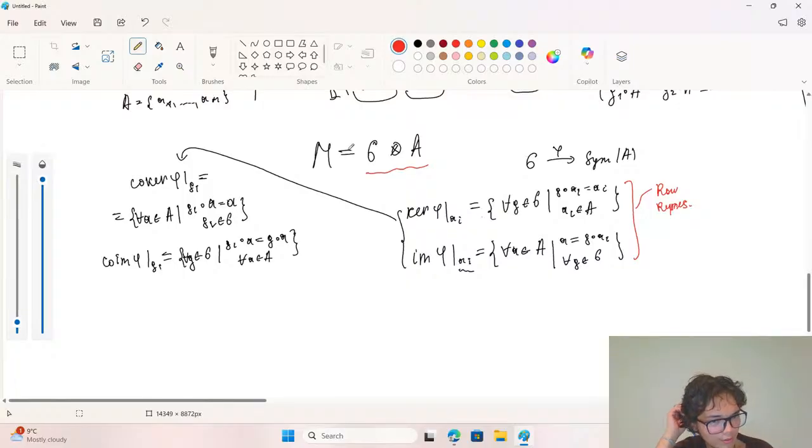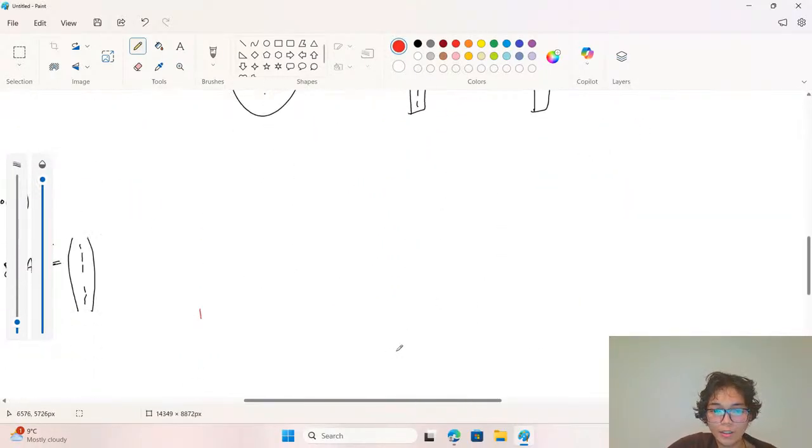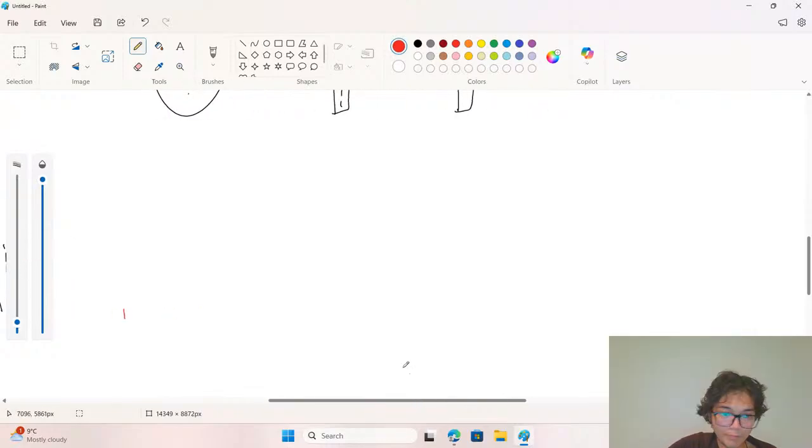Maybe the co-image on a particular g_i is not a subgroup of G, but the union of them might form a group. I didn't check, but because of being suspicious about this definition, I considered what defines our matrix M.